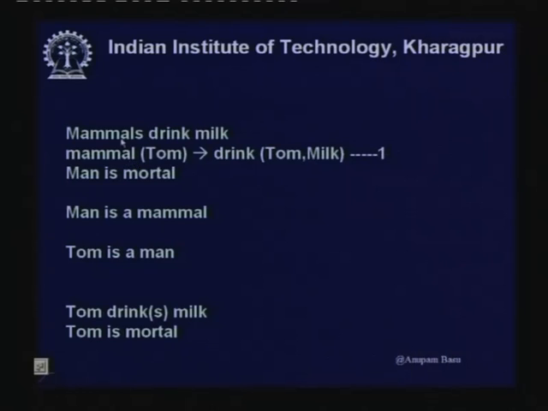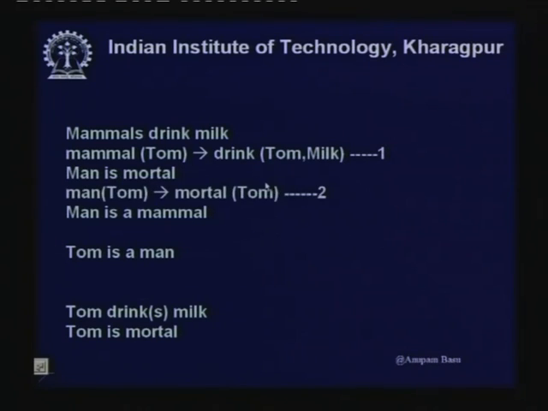Now, if we write mammals drink milk in this new form, there were some intuitive assumptions that we are making. Mammal Tom: if Tom is a mammal, then drink Tom milk is true. So, you see the reasoning is possible. In order to make this reasoning possible, we had to bring in this implication sign and write it as an implication proposition.